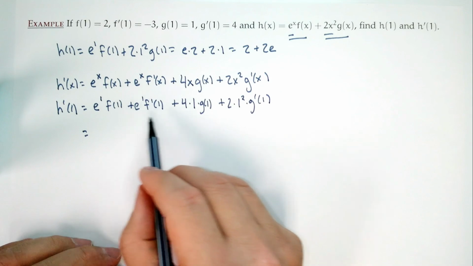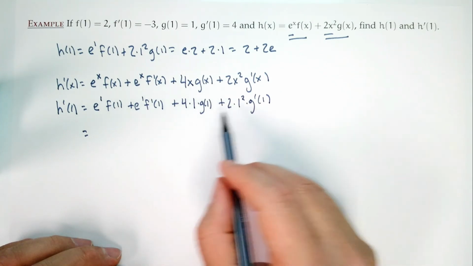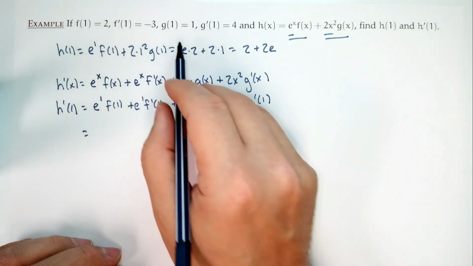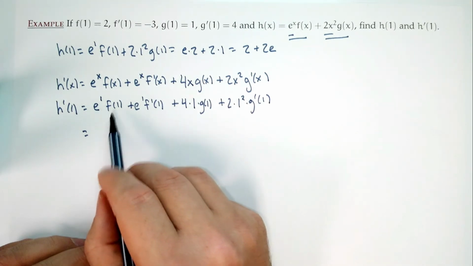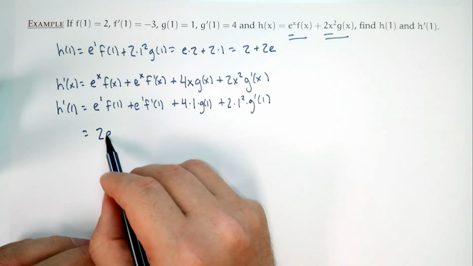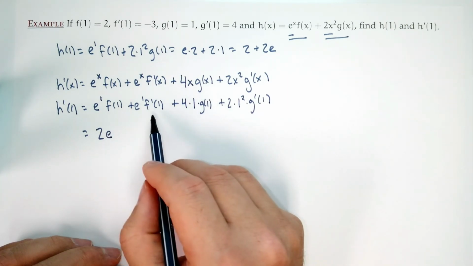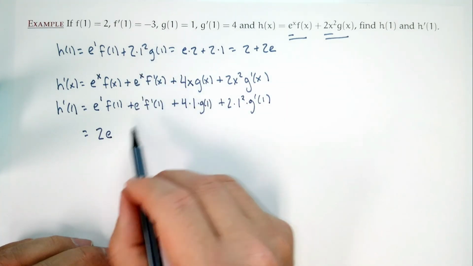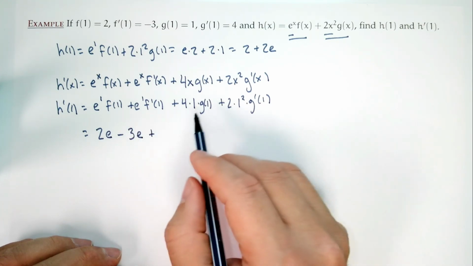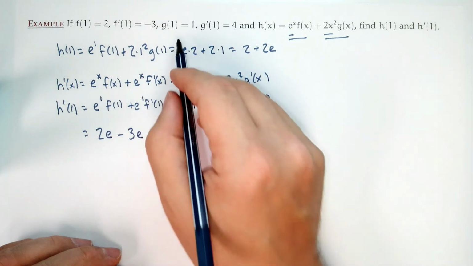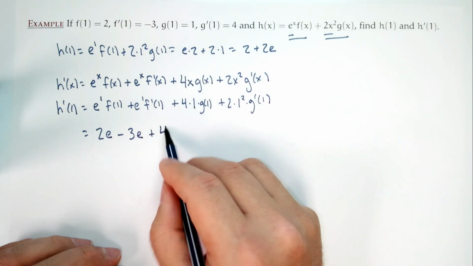We know these pieces, the f of 1, the f prime of 1, the g of 1, and the g prime of 1, because they're given to us in this problem here. So we're going to have e times 2. So that's 2e. Then we're going to have e times negative 3, f prime of 1. So minus 3e. Plus 4 times g of 1. So that's 4.